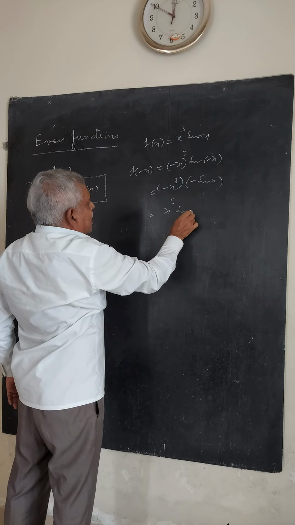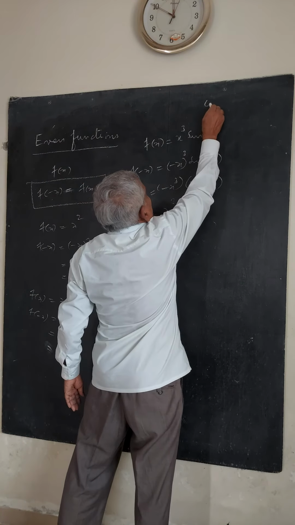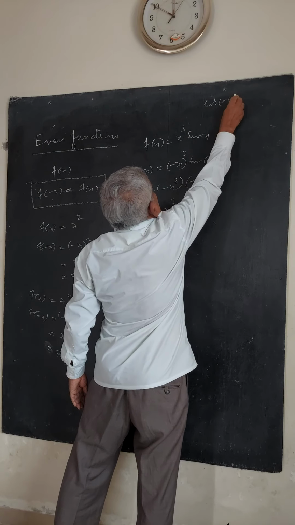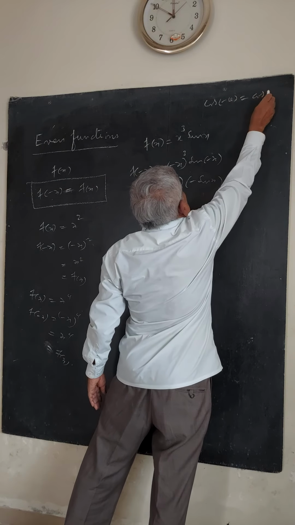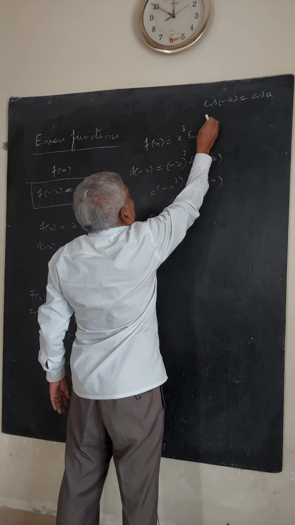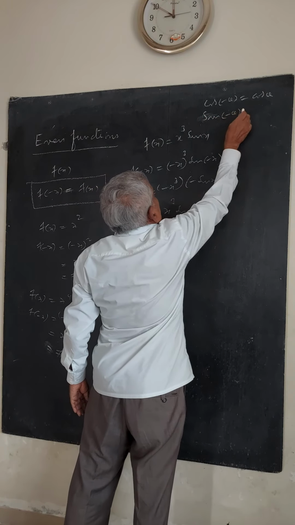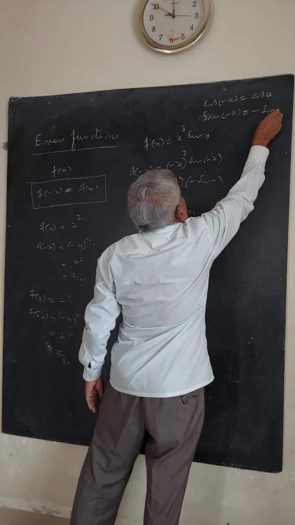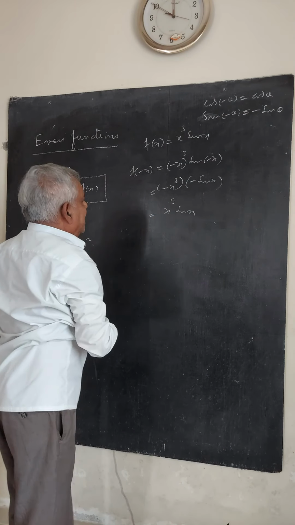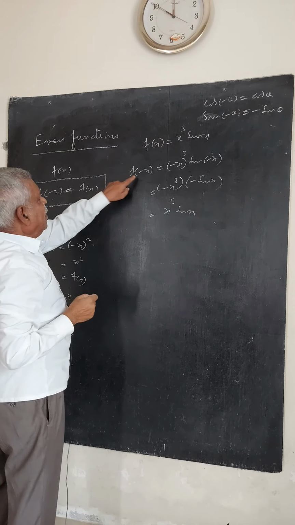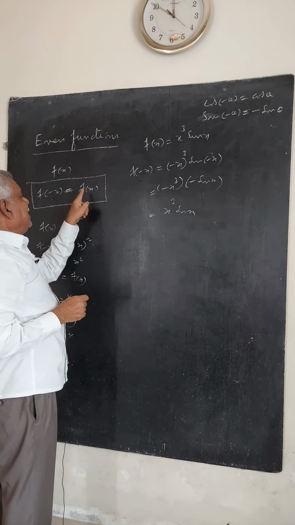x cubed sin x. Cos of minus theta equal to cos theta, cos won't give negative outside. Sin of minus theta equal to minus sin theta. It is applied here. This is also an even function. f of minus x equals f of x.